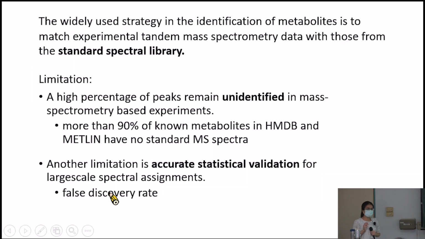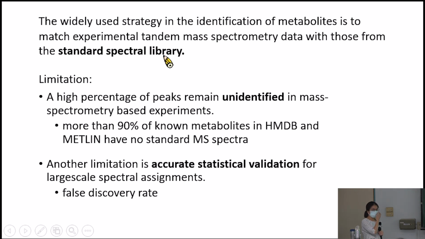Okay, so now we basically understand that we can use the mass spectrum to reflect our metabolites. Basically, when we try to identify our sample of interest, for example, if I want to test our blood sample, at this time we usually take the mass spectrum data of our sample and compare it with the standard spectrum library.